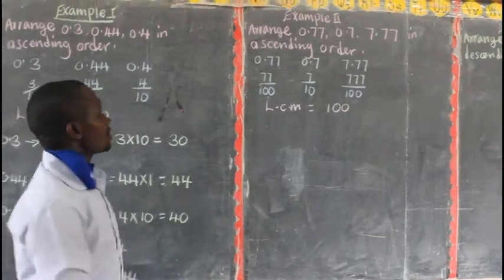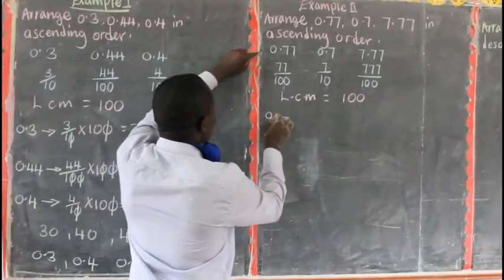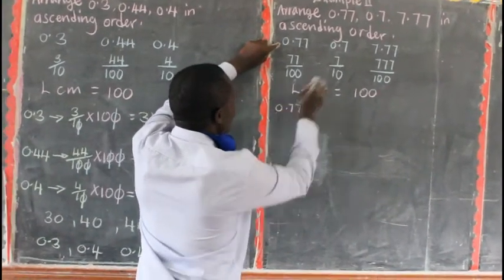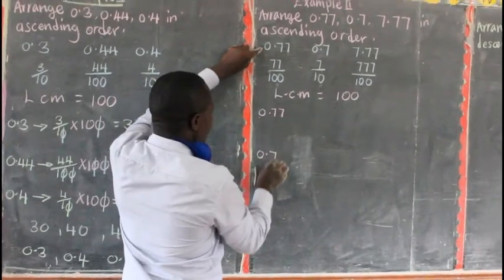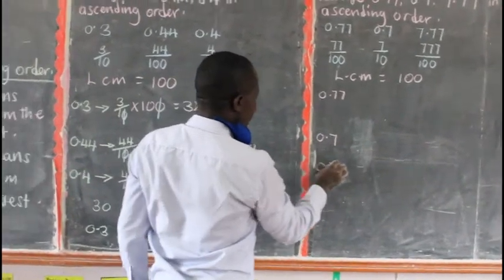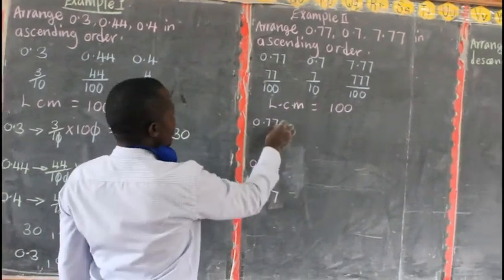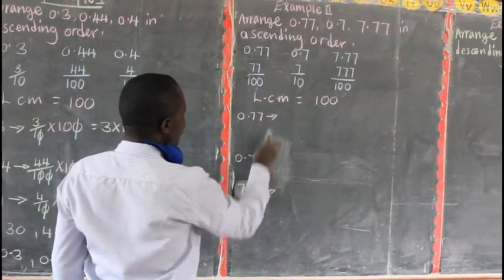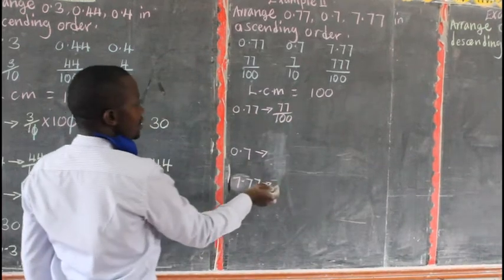Then next, let's write this fraction with 0.77, 0.7 and 7.77. We have seen this one as a common fraction is 77 out of 100.